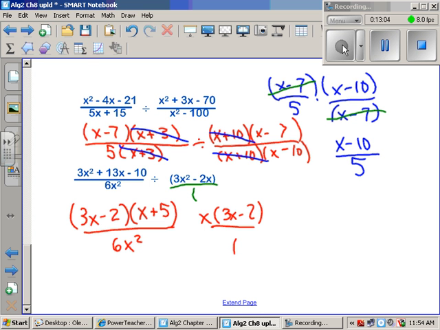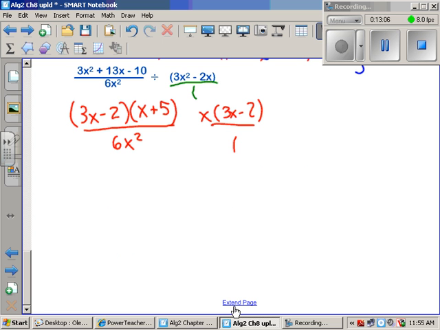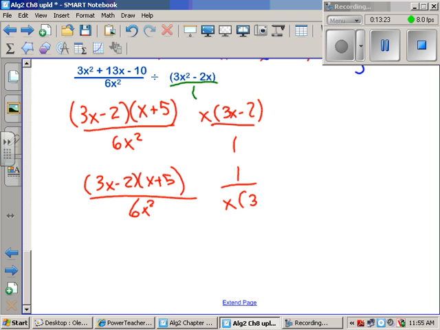Then I've got to do KFC. Keep, flip, change. So I keep the first one the same. I flip the second one. And then I change to multiplication.